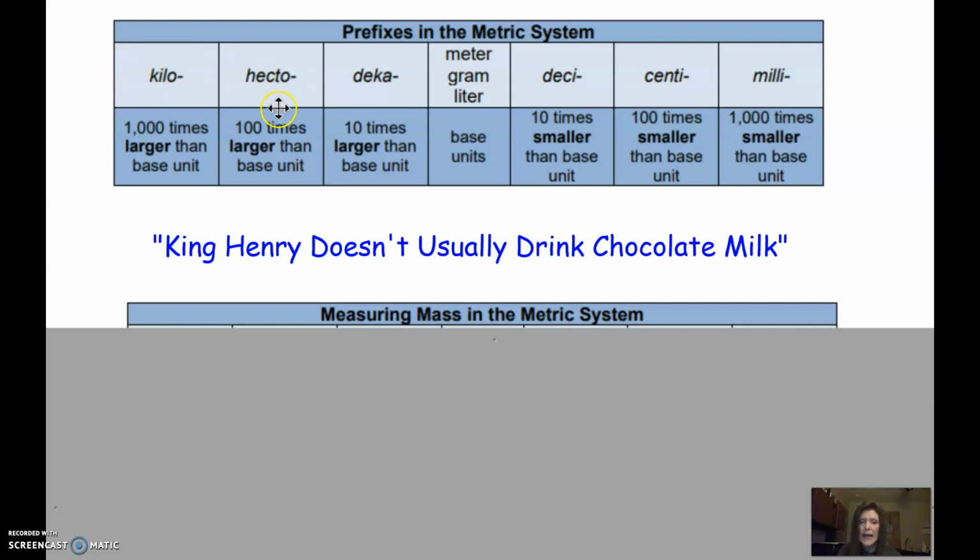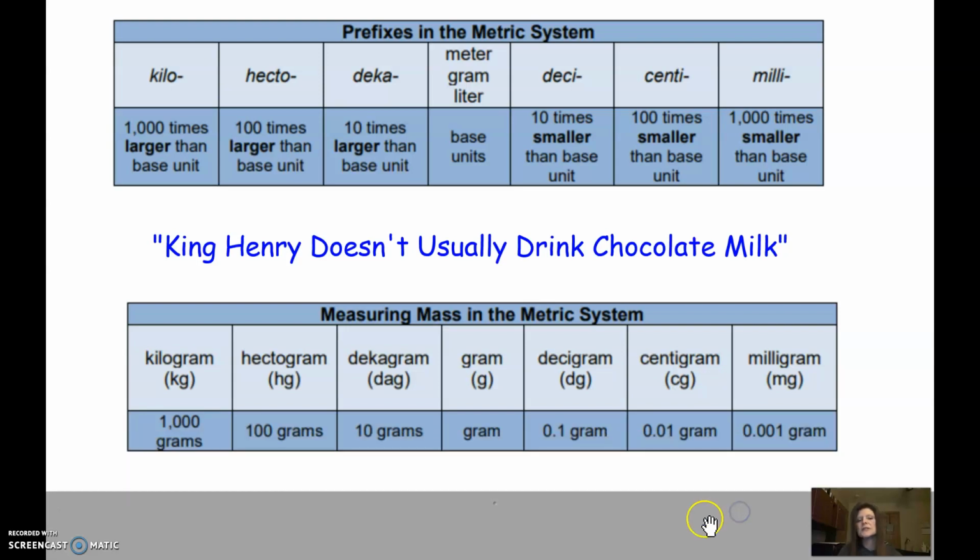That helps me remember what those letters are and figure out how to convert between them. Here's an example: 1 kilogram would be 1,000 grams, and 1 hectogram would be 100 grams. So some of them are 10, 100, 1,000 times, or 1/10, 1/100th, 1/1000th of that base.